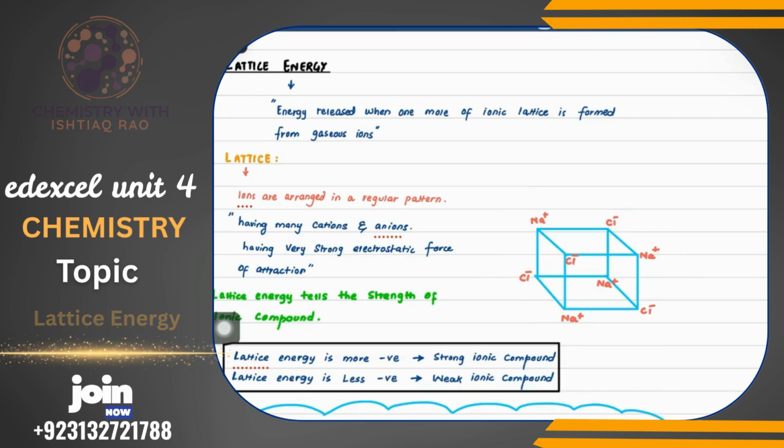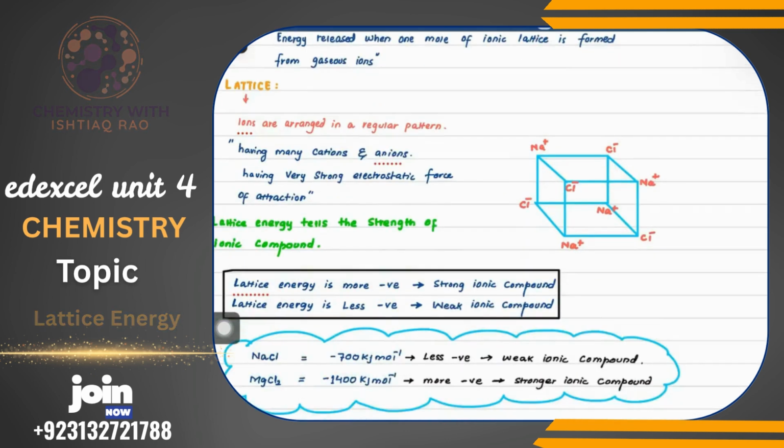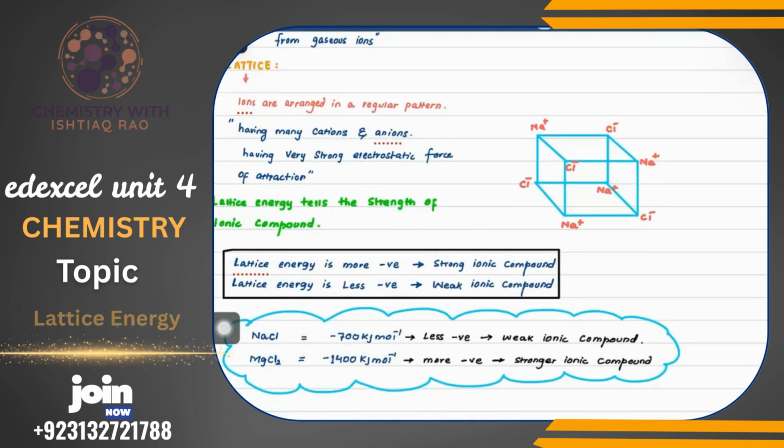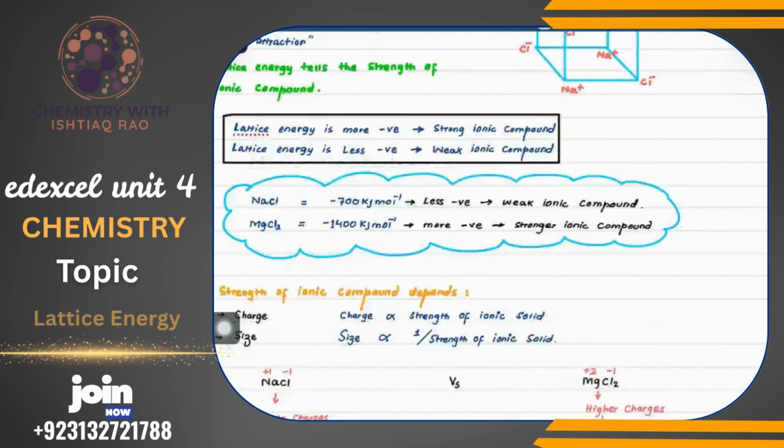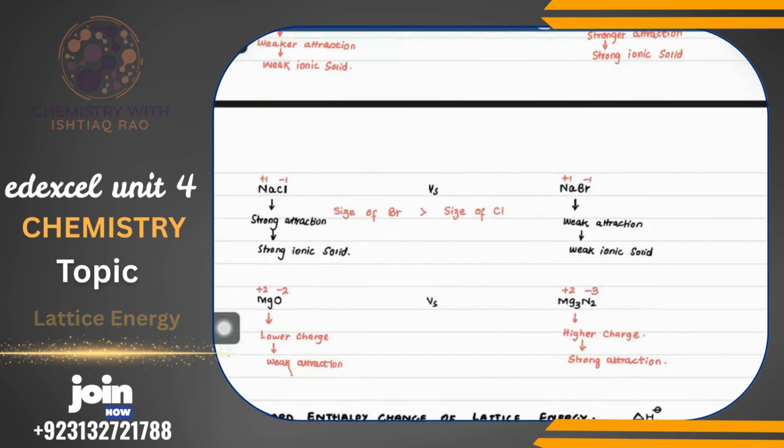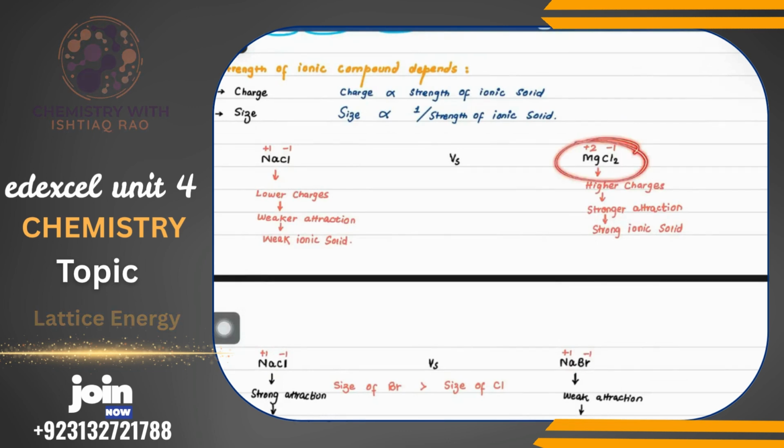Let's say sodium chloride and magnesium chloride. So magnesium chloride is stronger. Why? Because magnesium is in group 2, and sodium is in group 1. So group 2 means that magnesium is going to have a +2 charge, and sodium is going to have a +1 charge.